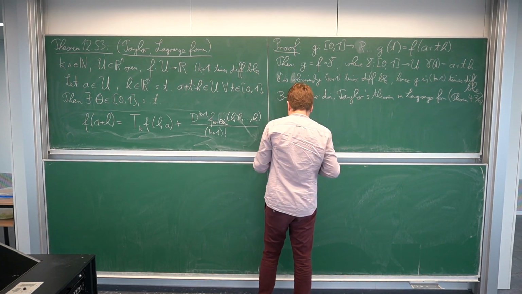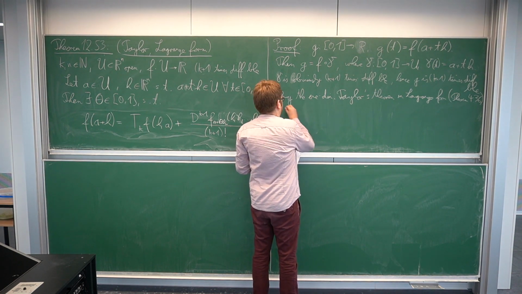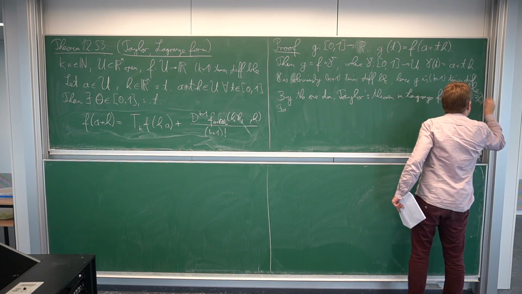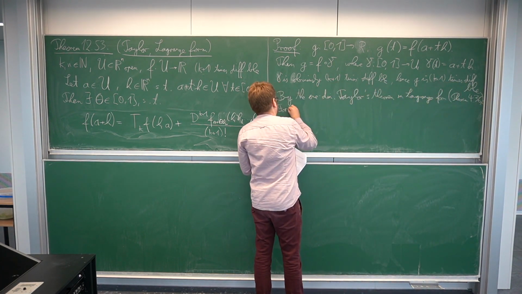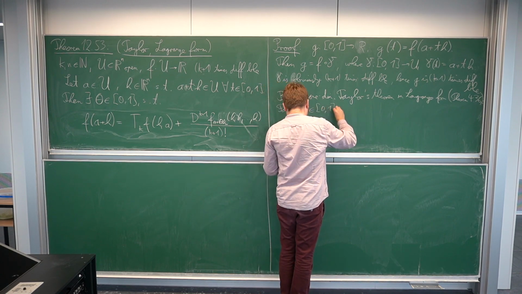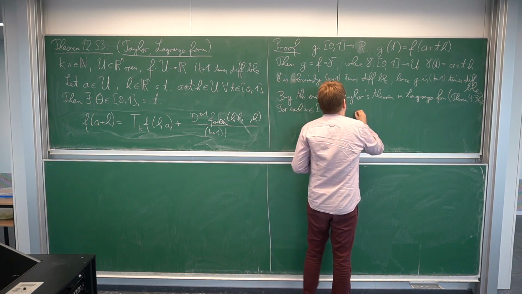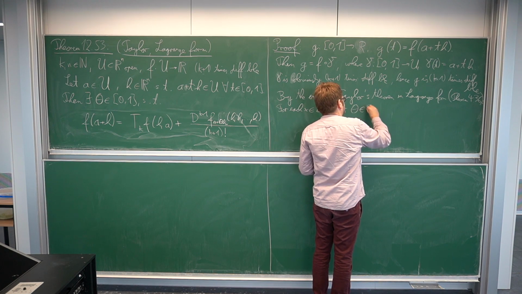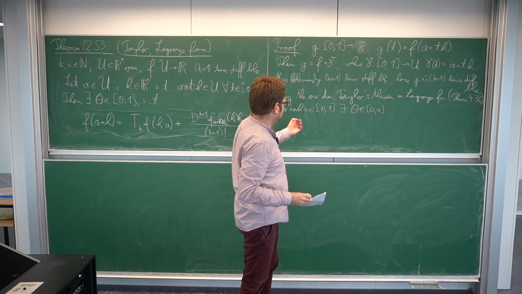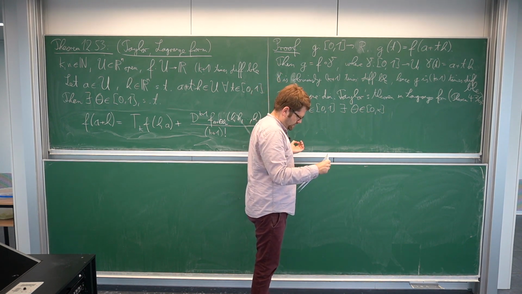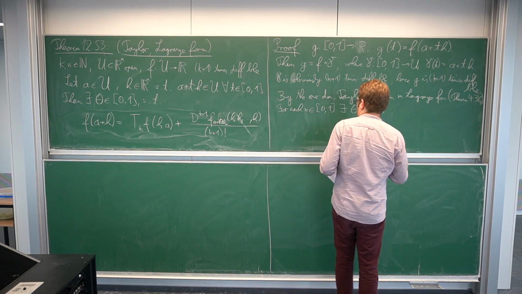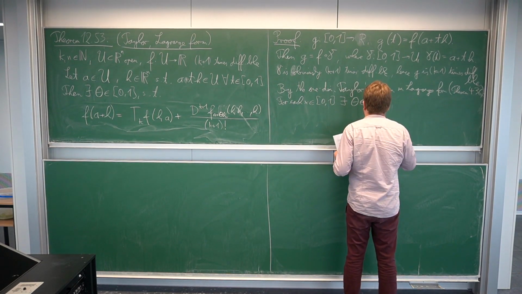R valued. So we get: for each x in 0, 1, there exists some theta between 0 and x. So we take the Taylor polynomials in the point 0.